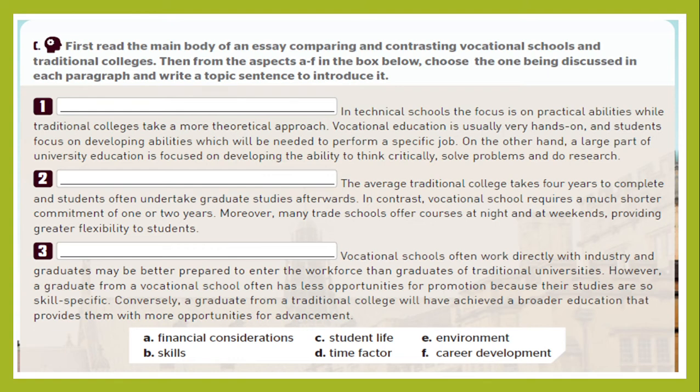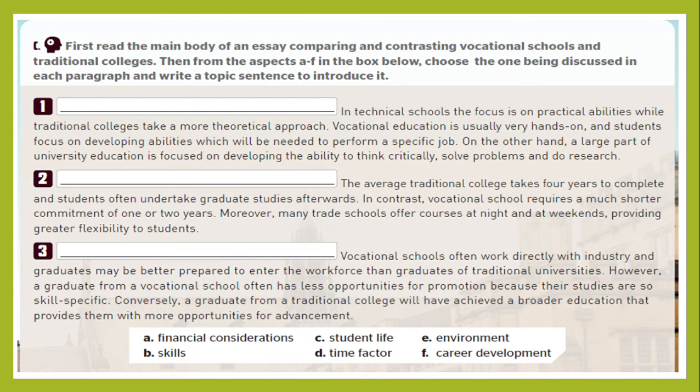Then, from the aspects A to F in the box below, choose the one being discussed in each paragraph and write your own topic sentence. You have financial considerations, skills, student life, time factor, environment, and career development. Read your paragraphs carefully. Take your time.